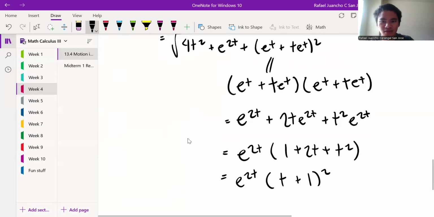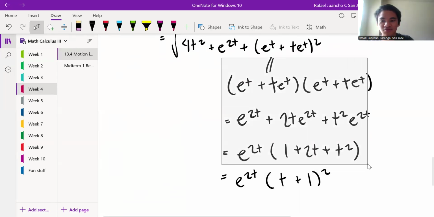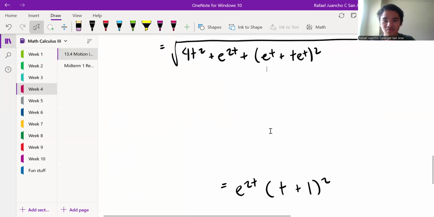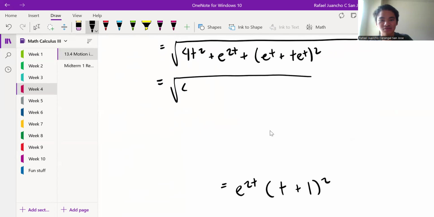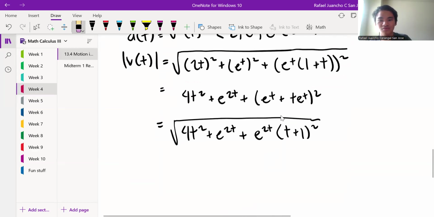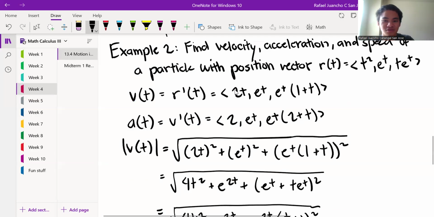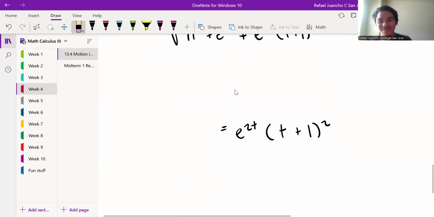I got it. Okay. I'm going to erase this. So now I get 4t squared plus e to the 2t plus e to the 2t t plus 1 squared. There's something about derivatives that makes it annoying, and that's computing it.